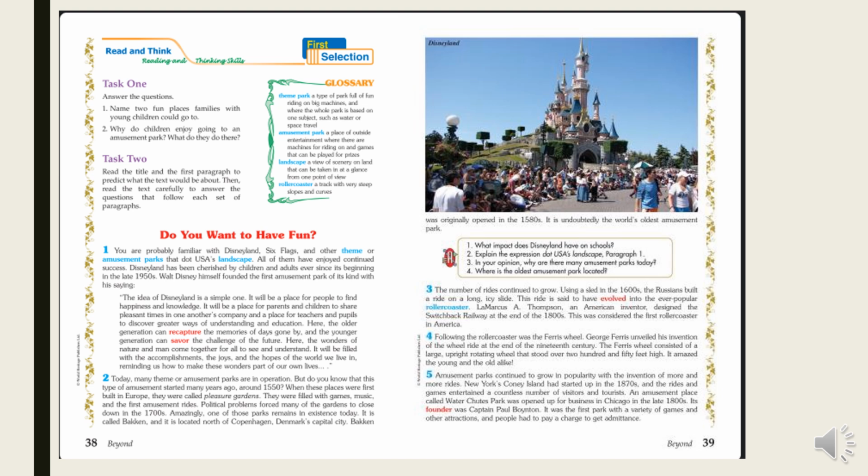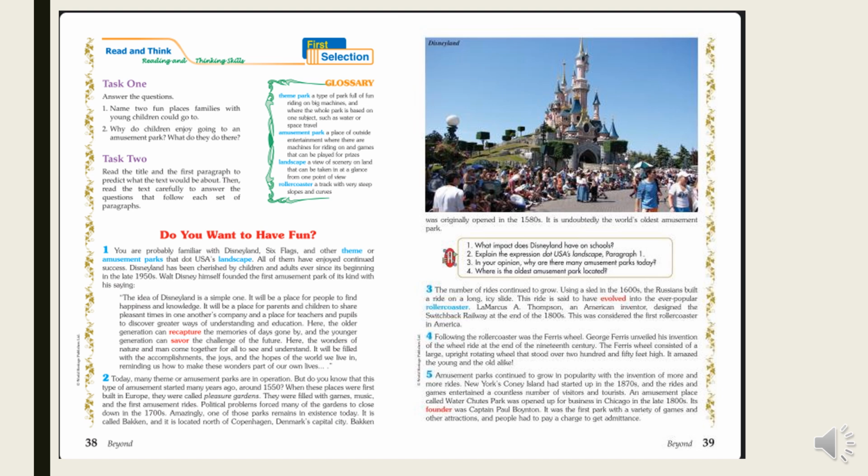George Ferris unveiled his invention of the wheel ride at the end of the 19th century. So it is called the Ferris wheel because the person who invented this wheel is called George Ferris. The Ferris wheel consisted of a large, upright rotating wheel that stood over 250 feet high. It amazed the young and the old alike.